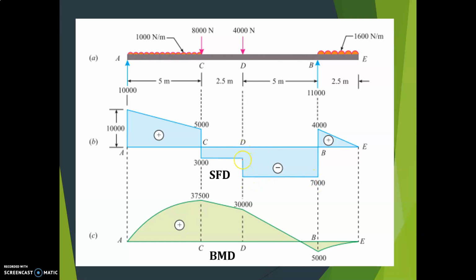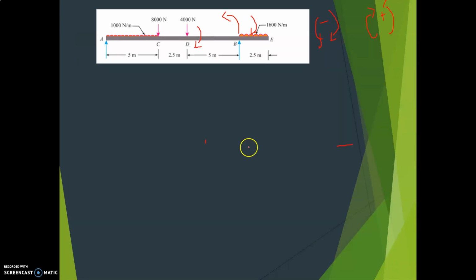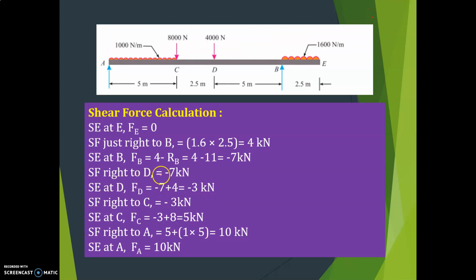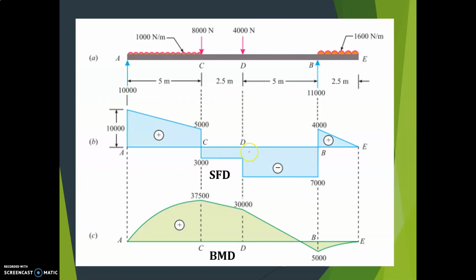At D it is minus 3, so draw that minus 3 here, and the same 3 kilonewton continues right to C. At C it is plus 5, so it moves upward, above the line. Then 5 to 10. Here the shear force at A is 10 kilonewton.